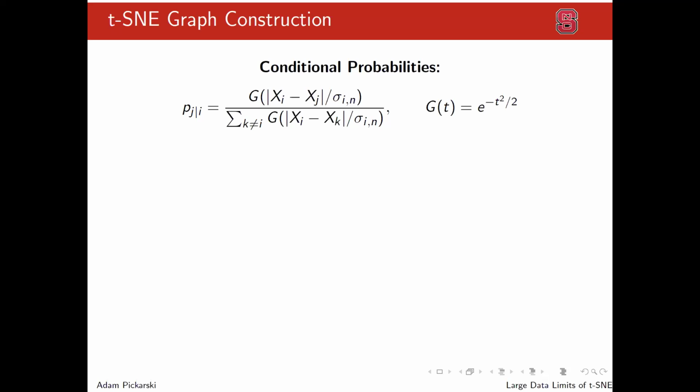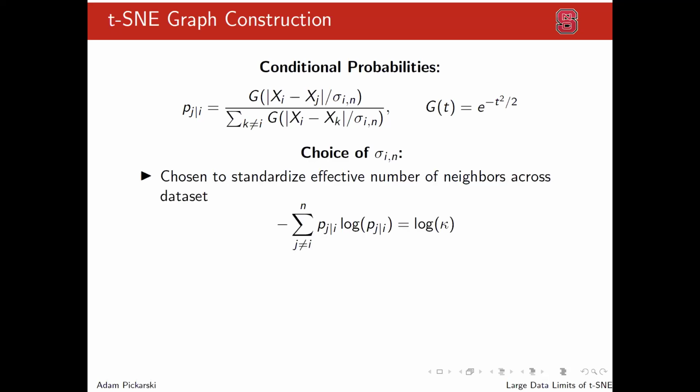They use the Gaussian kernel with a bandwidth that will be revealed in a second. And they normalize row-wise so that conditional on being at x_i, I have a probability distribution. So you may as well think of this as the conditional probability that if I'm x_i, I'm related to neighbor j.